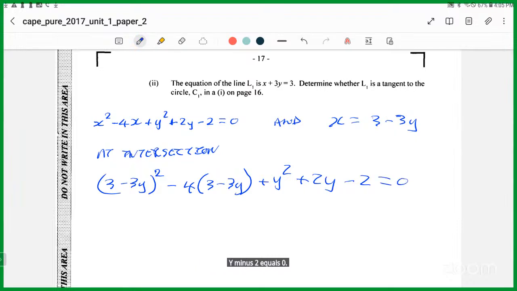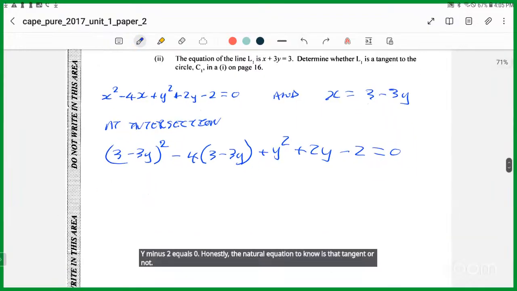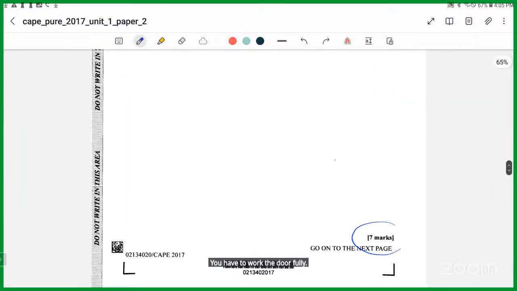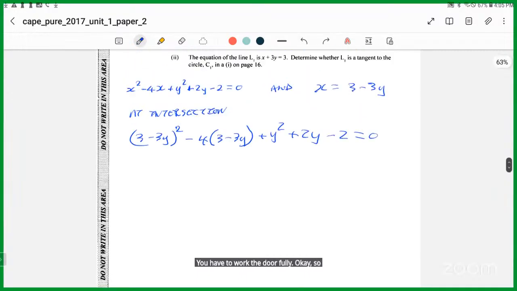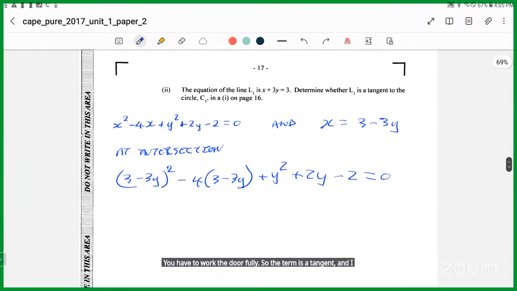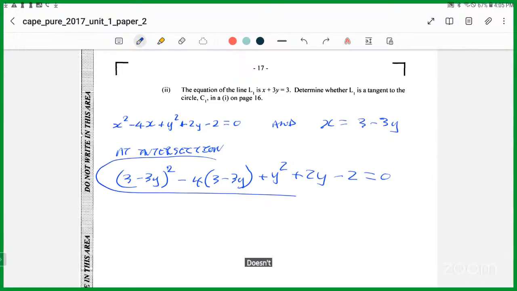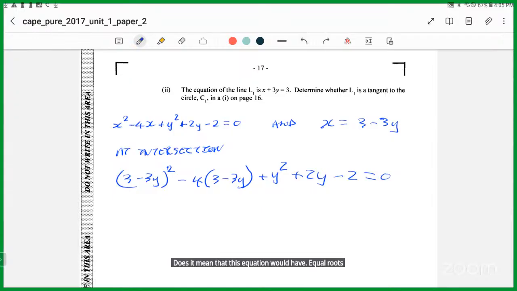I want to see the nature of this equation to know if it's a tangent or not. You have to work it out fully, 7 marks. If this equation has equal roots, then the line is a tangent. So let's work this out now.